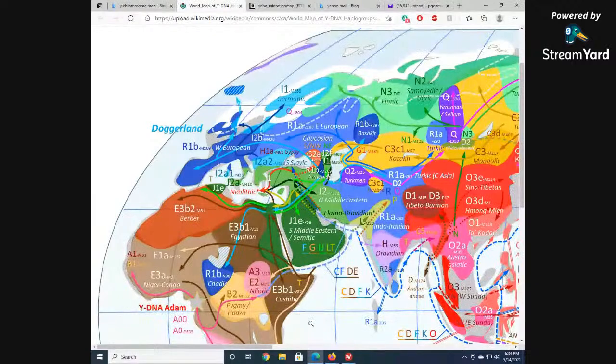So we've already covered half the map of the Y chromosomes.